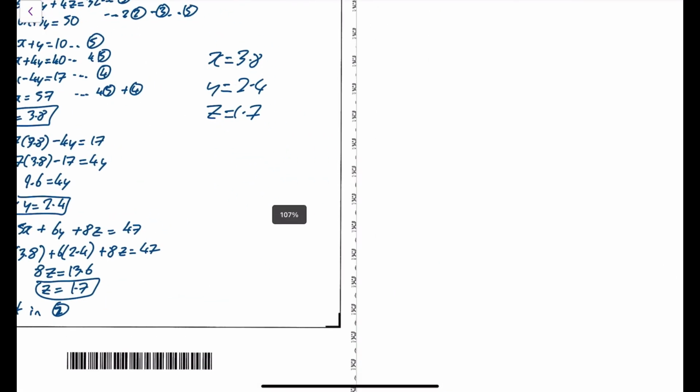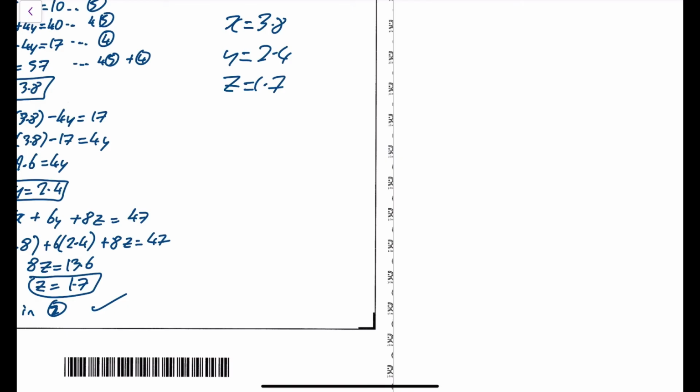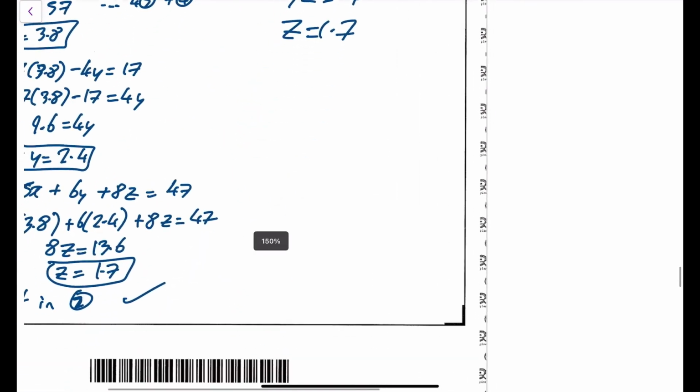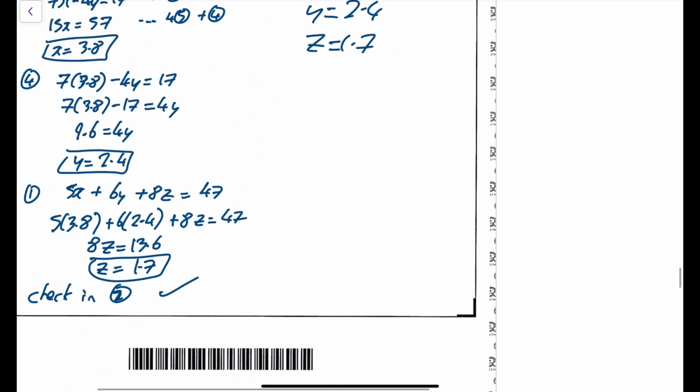So my answer, what were the first ones called? Hurricanes, were they? So my answer, a hurricane's profit was 3,800.